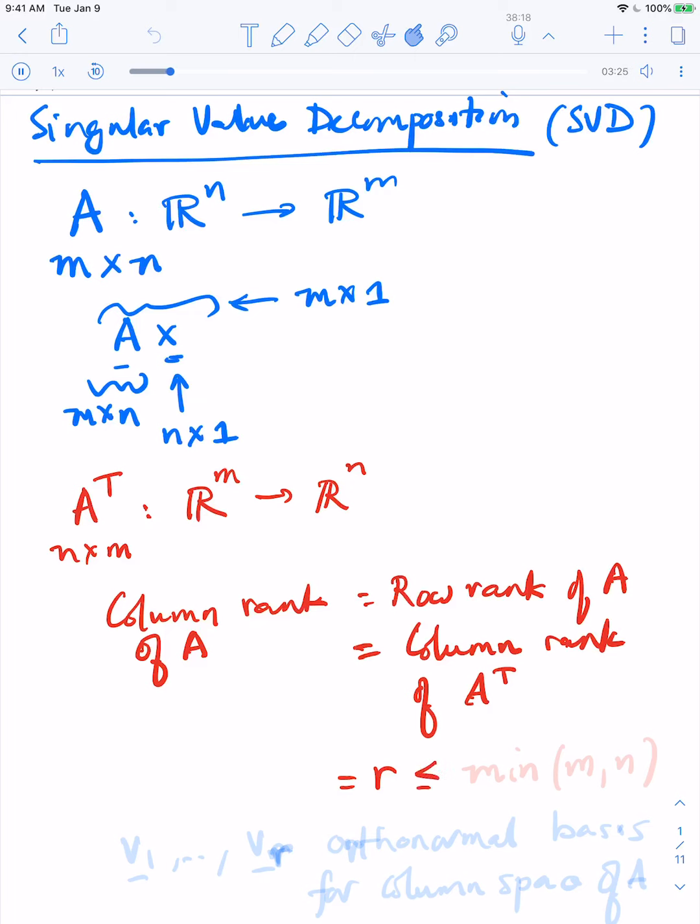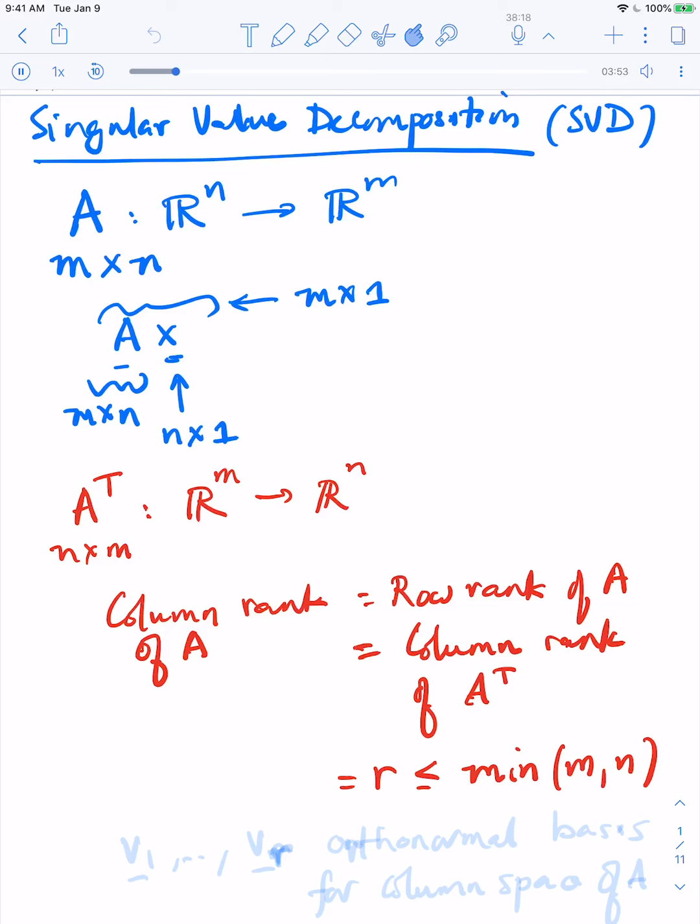So R is less than or equal to the minimum of m or n, right? So if you believe this row rank equals column rank business, then there is this subspace of dimension R that we are looking for in each direction, and the SVD actually tells us the structure of this subspace. So again, I'm just stating results now, not deriving it.